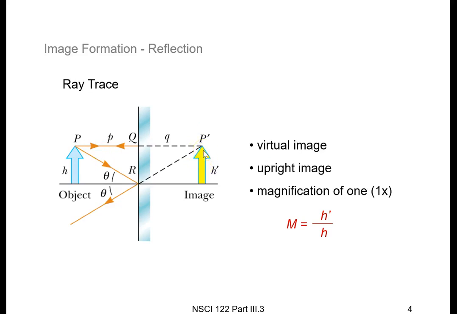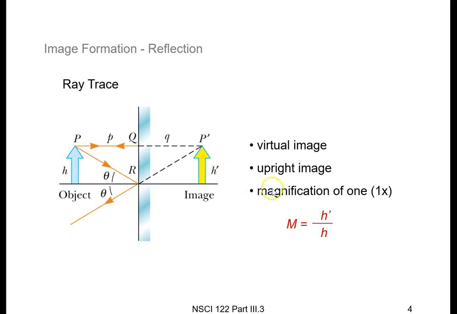And then we can introduce in this slide a new physical quantity that we call the lateral magnification, big M. And that would be defined simply, which means it's a simple formula, it's not a complicated one, as image height over object height, H prime over H.